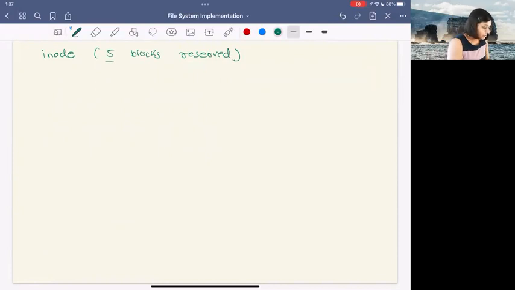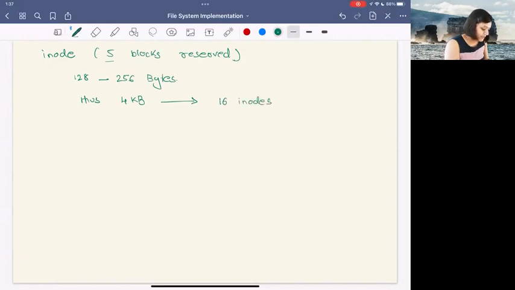Usually the inode struct ranges somewhere between 128 to 256 bytes, very small. Thus, how many inodes could be stored in the 5 blocks that we reserved for that? Each block is 4 kilobytes, right? So a 4 kilobyte block should be able to hold 16 inodes.